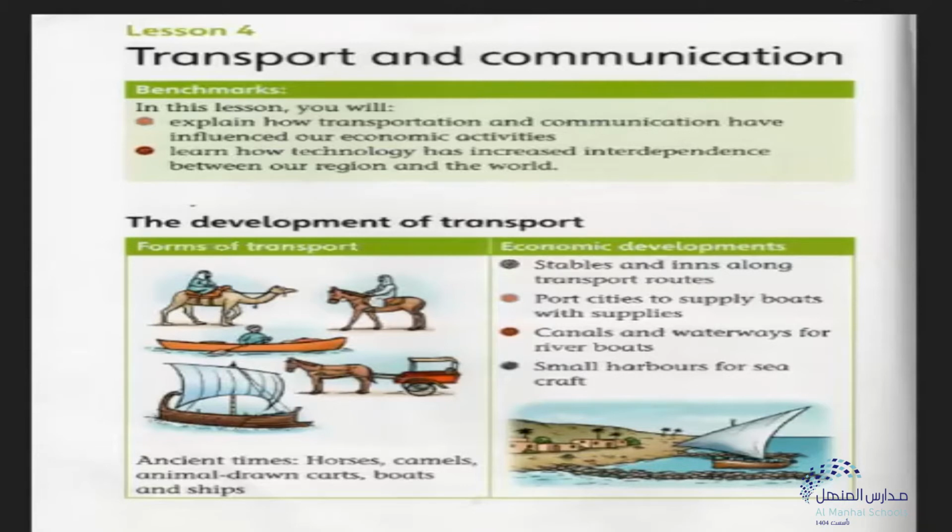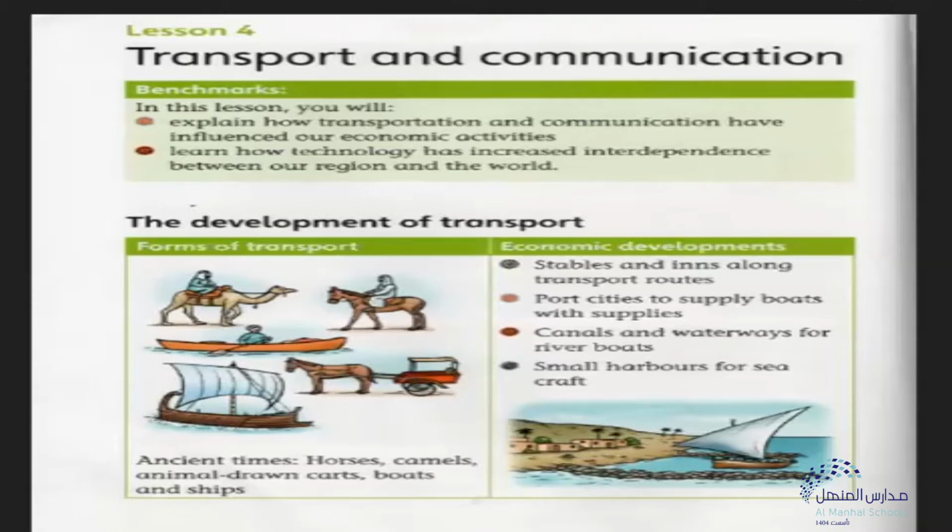Now, how did it change really from then to now? Look at the bullets there. They describe the development of stables, port cities supplying boats, canals and waterways for rowboats, and small harbors for sea craft. So the bullets tell you what the function was of each transport mode.